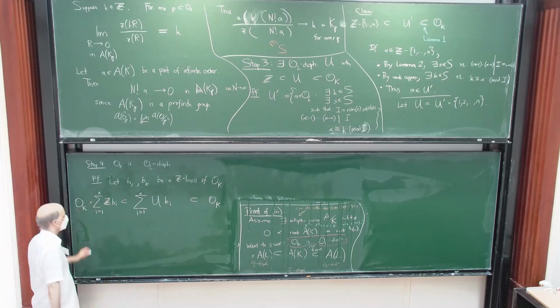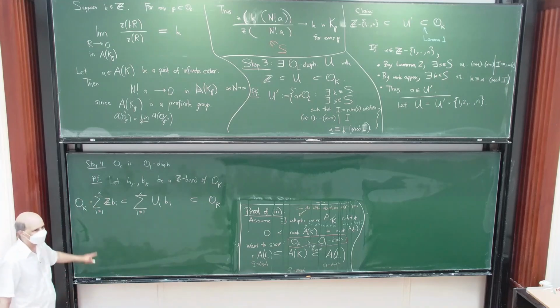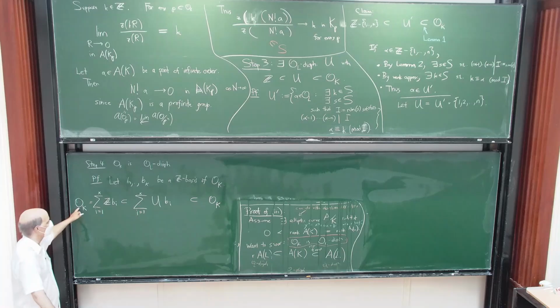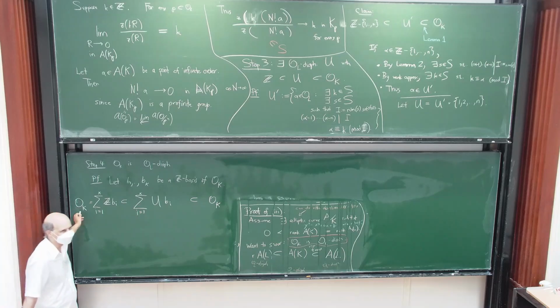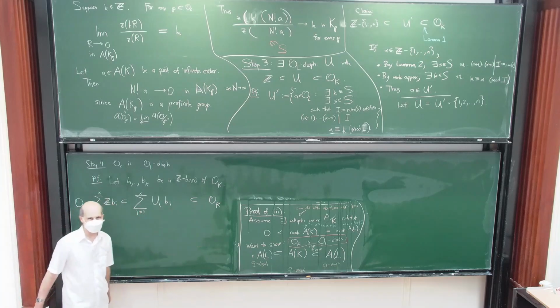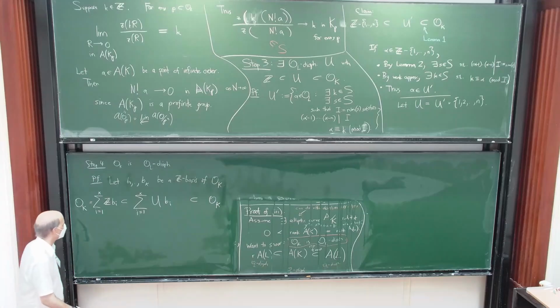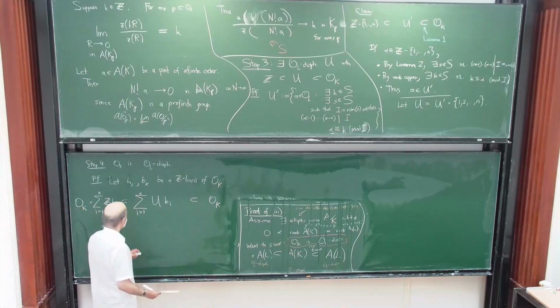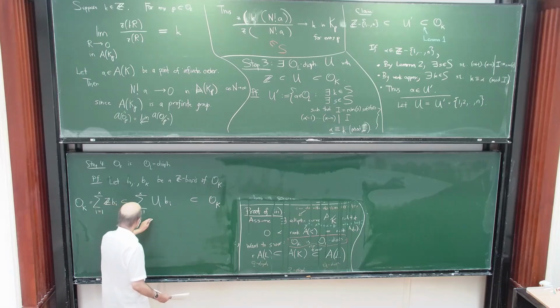And now you see what's happening. It's always nice when you end up with a bunch of inclusions and the thing on the left is the same as the thing on the right. So the conclusion is that this equals OK.